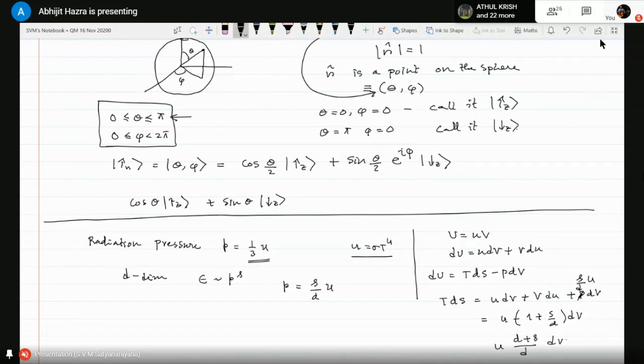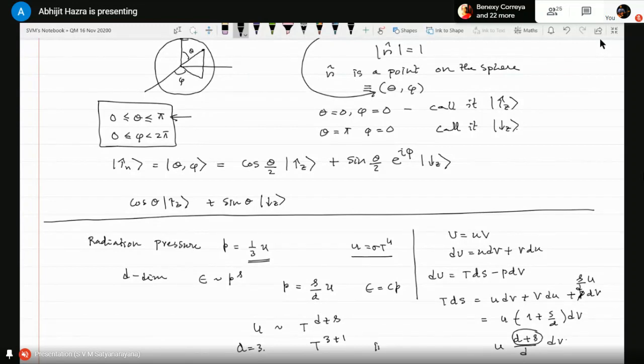So this particular factor goes into the exponent of T, and U goes as T to the power d plus s over s. In 3D, with d equal to 3 and s equal to 1 for a photon gas, you get T to the power 4.